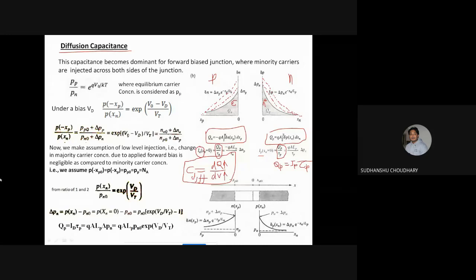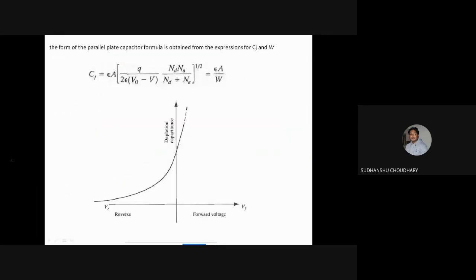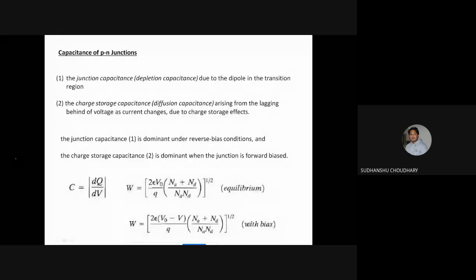Earlier we had studied the junction capacitance or depletion capacitance. There we said that the charges at the junction, these two charges, depend upon the amount of reverse bias.